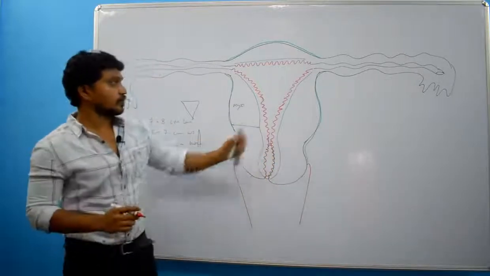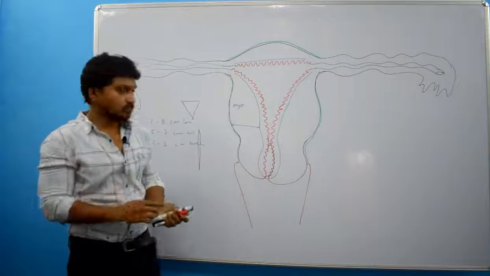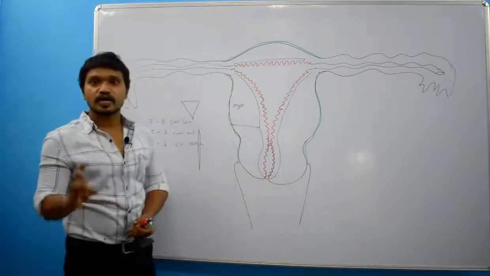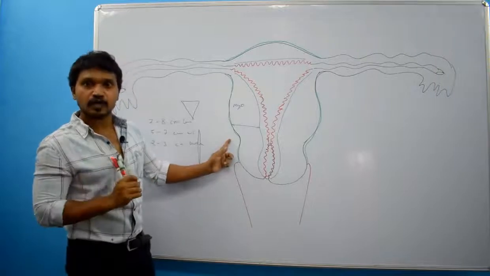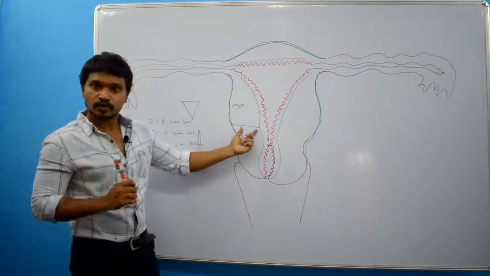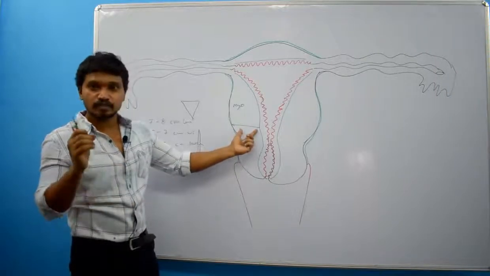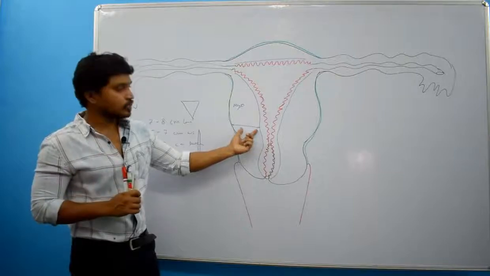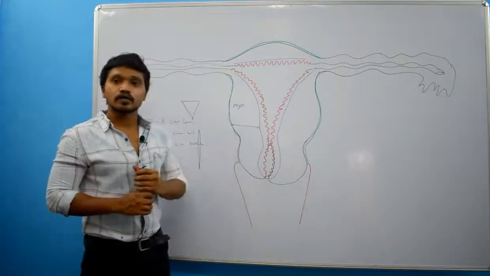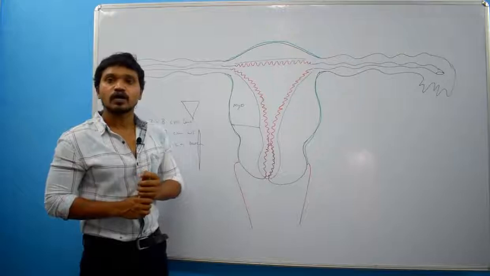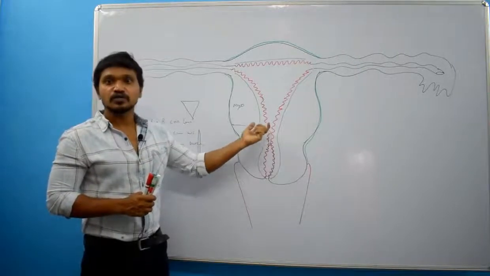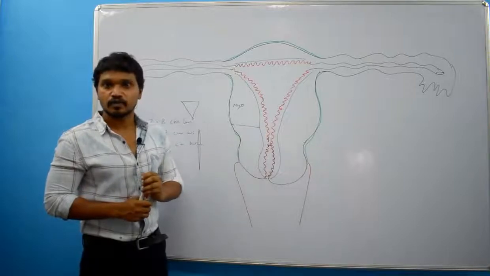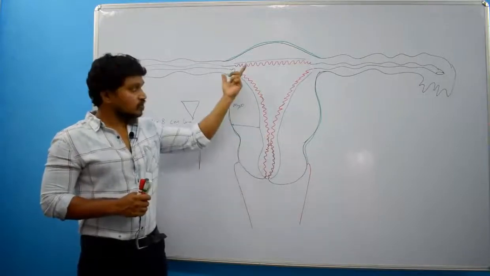This is the endometrium. Very simple. The uterus has three layers. Outer is the perimetrium, the peritoneal layer or peritoneal covering. Middle is the myometrium, made up of smooth muscle fibers. And inner is the endometrium, which is the mucosa of the uterus. Clear?